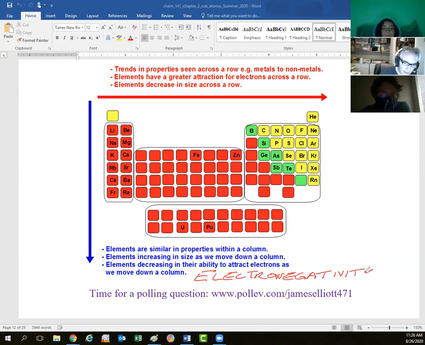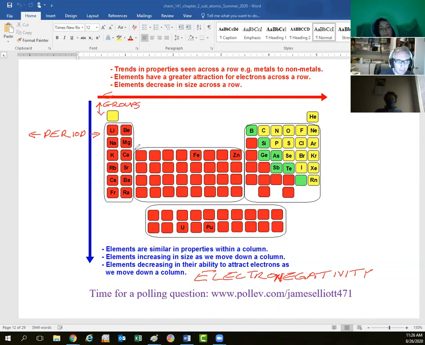Electronegativity. Scrawled in my terrible handwriting, of course, unfortunately. So how good are they at attracting electrons to themselves? When it comes to the size of the atoms as we look along the rows, these periods, so the periods are from left to right, and then the groups are up and down.